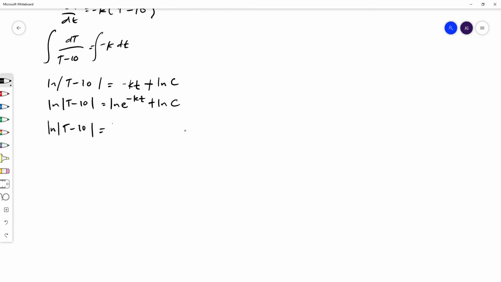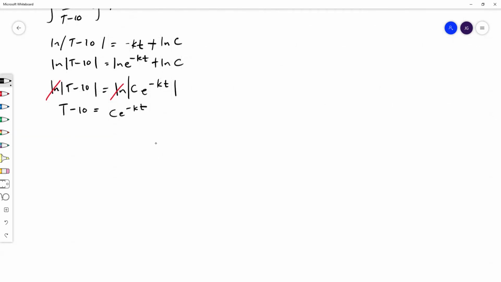Okay, and this is ln c e raised to negative kt. And from this equation, you can simply cancel both ln on both sides. And from this equation, we have T minus 10 is equal to c e raised to negative kt. Or we can simply write this one as T is equal to 10 plus c e raised to negative kt.